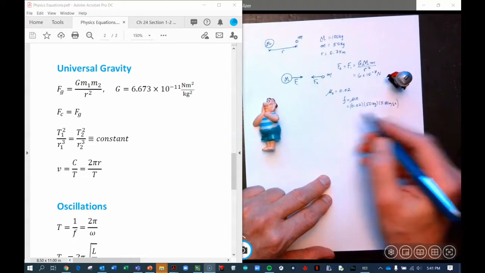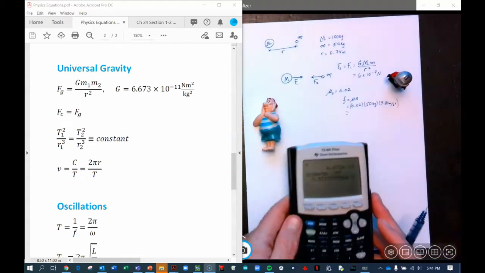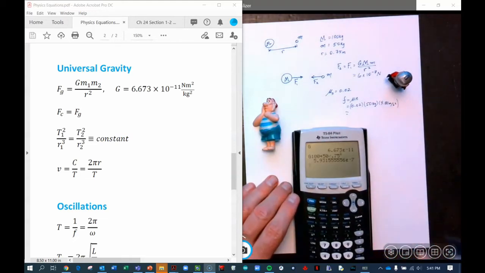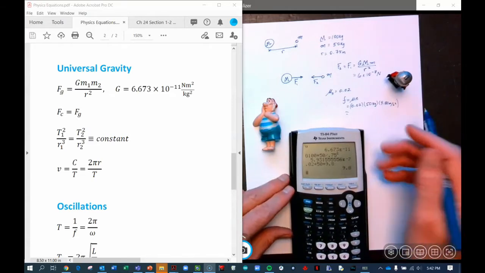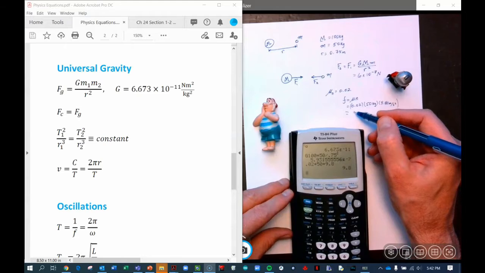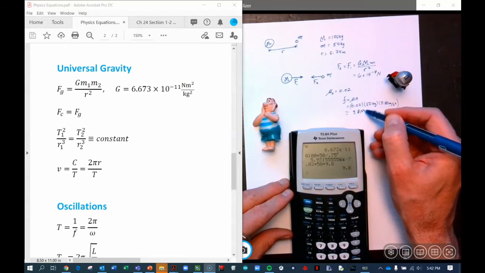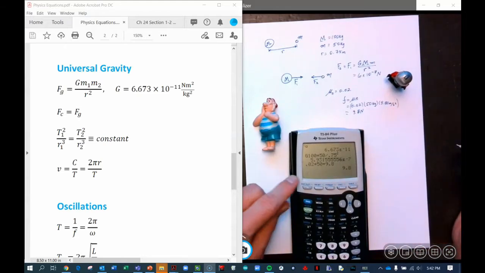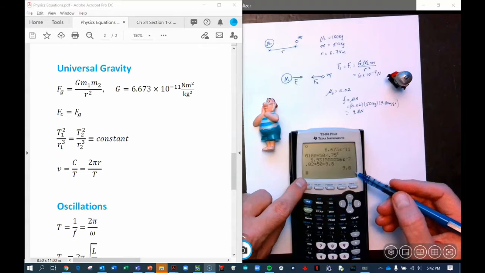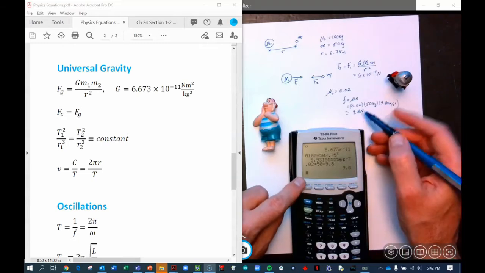And then when we do that calculation, 0.02 times 50 times 9.8, we see that it is a force of 9.8 newtons. Okay, and that is quite large compared to that.